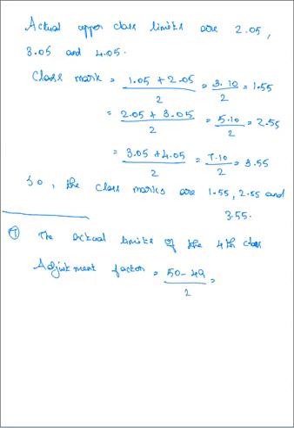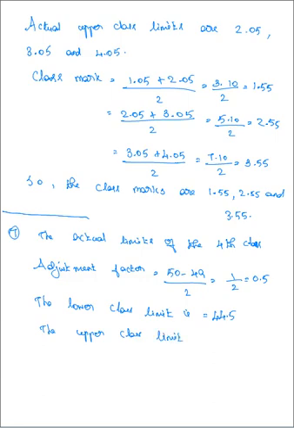By 2, 1 by 2, 0.5. So the lower class limit is 44.5. The upper class limit is 49.5.